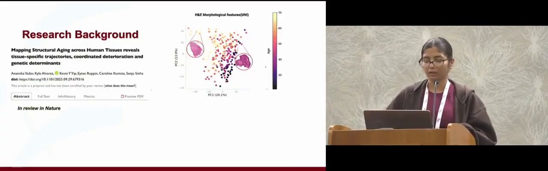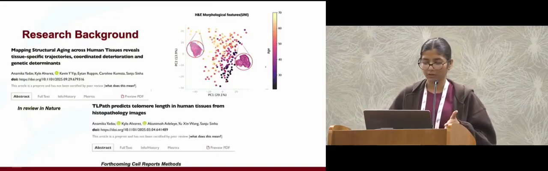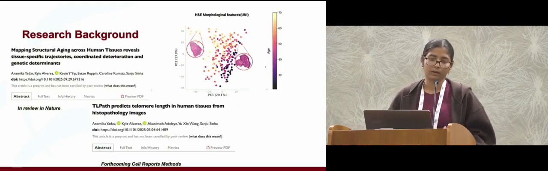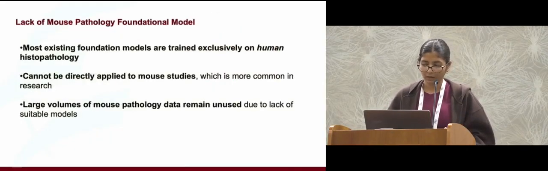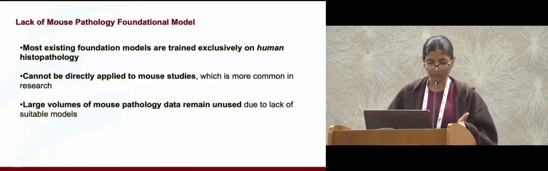Building on this, we built a framework to quantify the morphological changes that happen with age. We call this structural aging. Then we also built a framework to predict bulk telomere length from the histology slides as an alternative to expensive molecular assays. So I'm going to skip that.